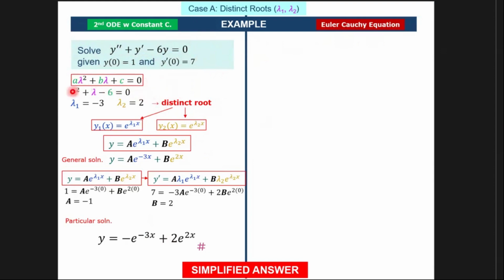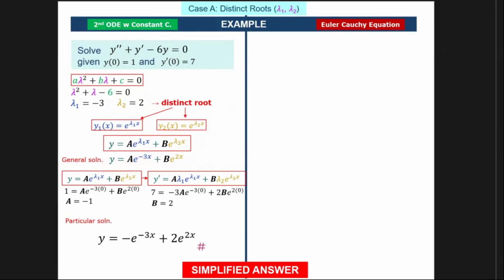The second step is to solve the quadratic equation to find lambda. After finding lambda, you will know which root you have. If it's a distinct root, the y assumption will be for lambda 1 and lambda 2. Substitute it into the general solution, then you will get this general solution here.